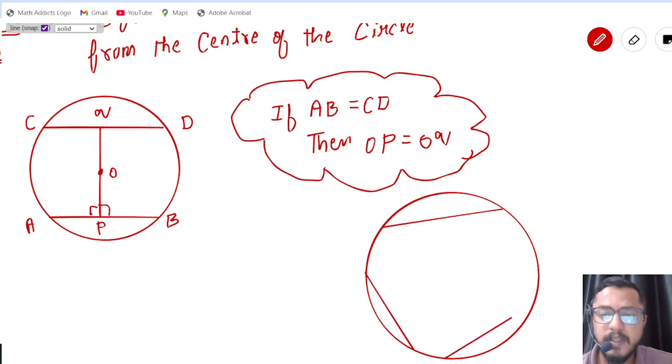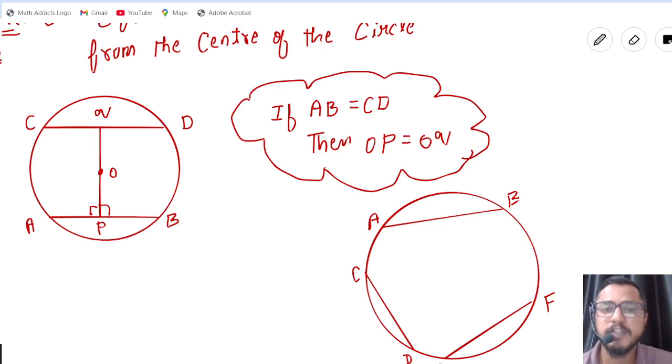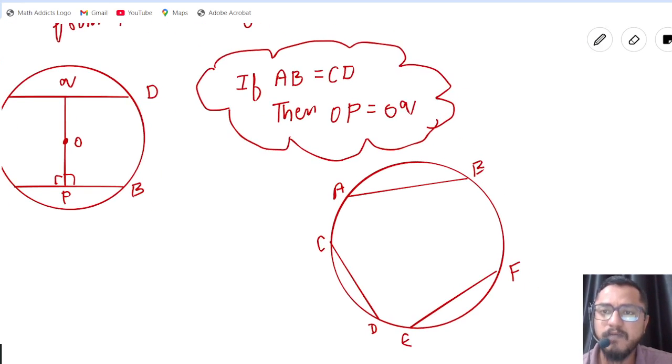Understood? Just pay attention here. Chord AB is equal to chord CD, which is equal to chord EF. So I am considering three equal chords. Does the theorem hold good? Yes, obviously the theorem holds good. Now draw the perpendicular distance from the center to the chord. Let O be the center of the circle.